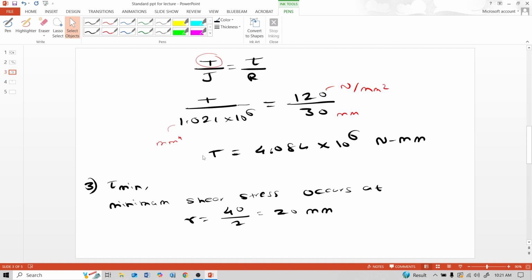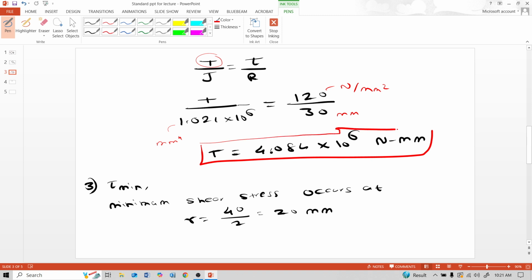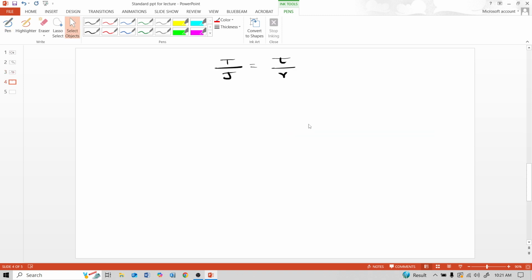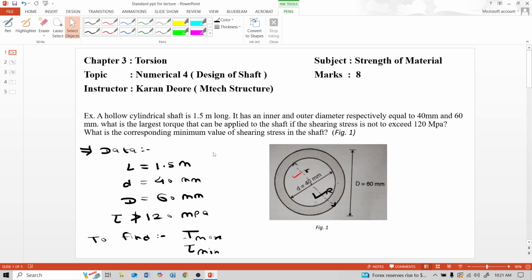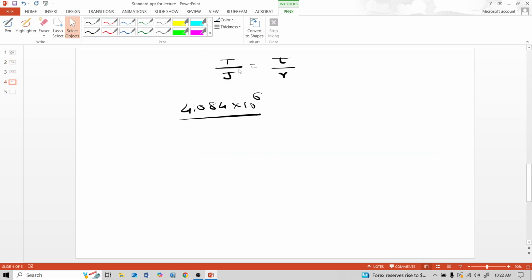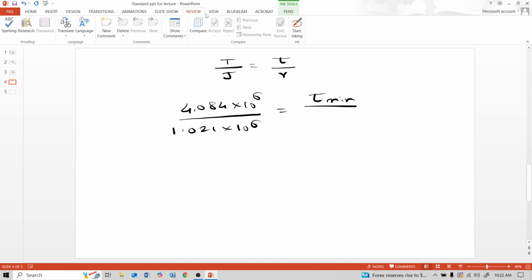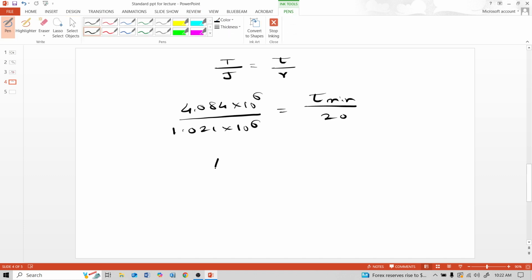T is 4.084 into 10 raised to 6, J is 1.021 into 10 raised to 6, this is tau minimum, and r is 20.